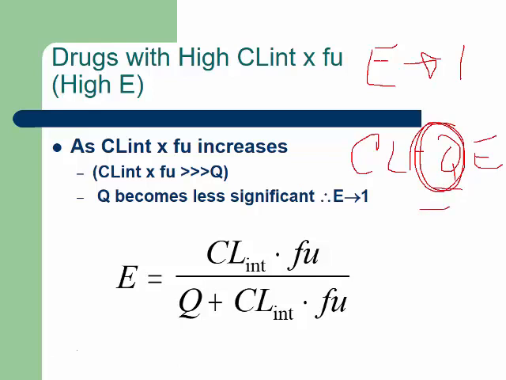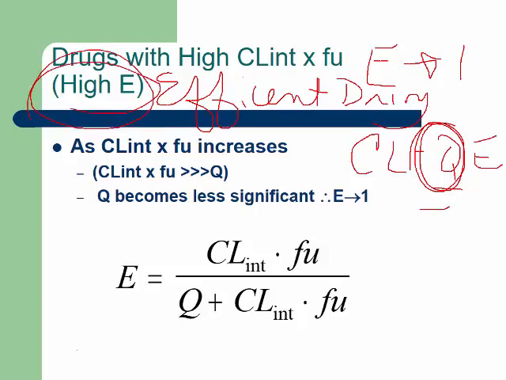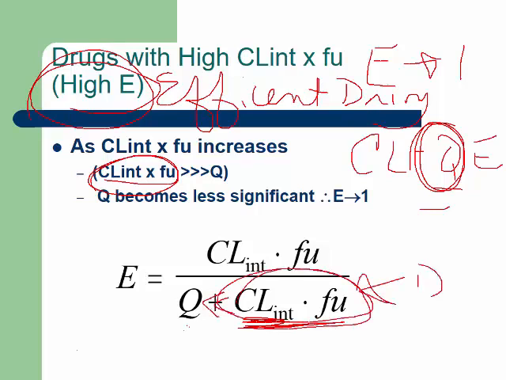So this is our efficient dairy, this high extraction drug. In this case, the intrinsic clearance times fraction unbound is so high, so much higher than Q, because Q is the rate limiting step. So Q is much less than the intrinsic clearance times fraction unbound. This is our dairy, and these are our trucks.